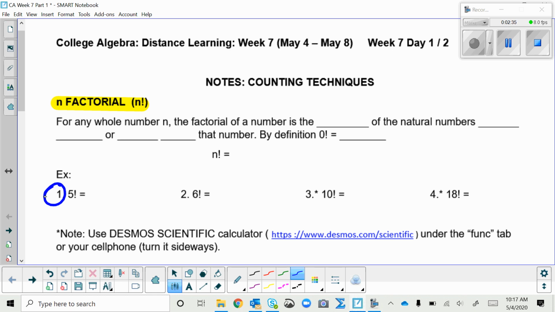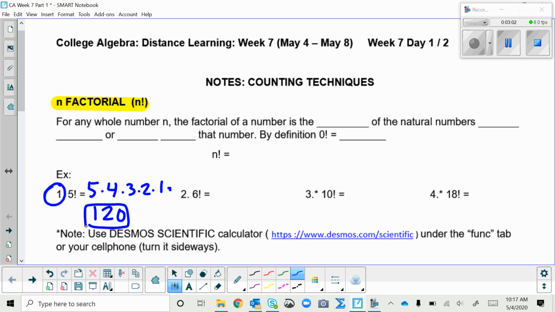And what that means is this: you take the 5 and you take all the integers that are below 5. There's 4, 3, 2, and 1, and you multiply them together. And that's 20 times 3 is 60, times 2 is 120, times 1, and you get 120. That's what 5 factorial is.